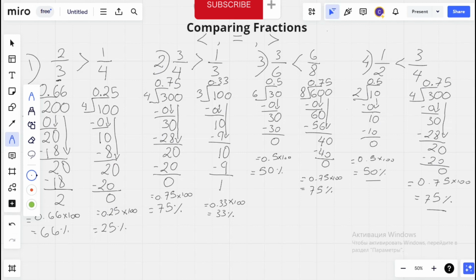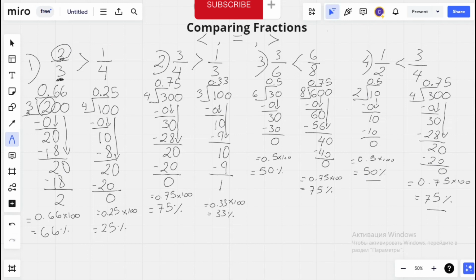That is how we do our comparing fractions, which one is bigger, which one is smaller, and which one is equal. It's pretty simple. The thing that you have to watch out the most is basically the division. Just remember that the number that's under goes outside, the number that's up goes inside.